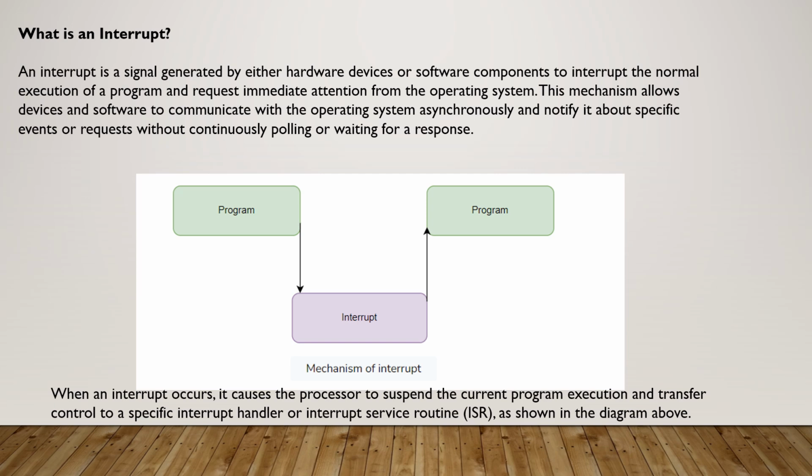When an interrupt occurs, it causes the processor to suspend the current program execution and transfer control to a specific interrupt handler or interrupt service routine, as shown in the diagram above.